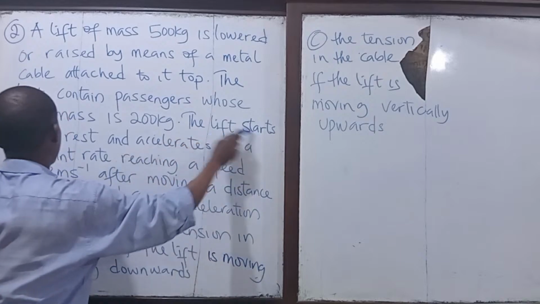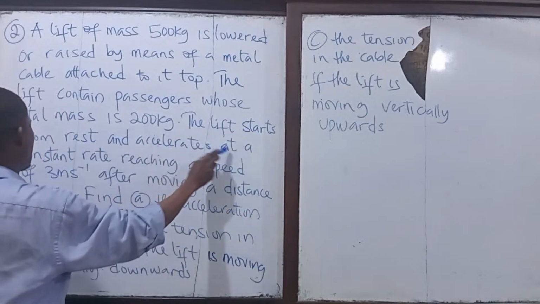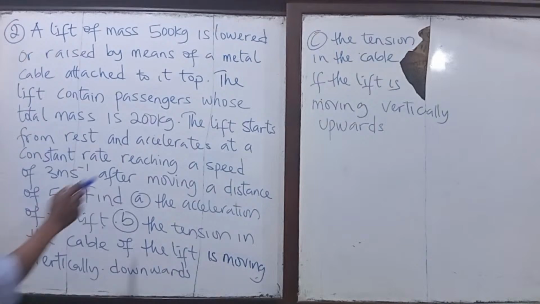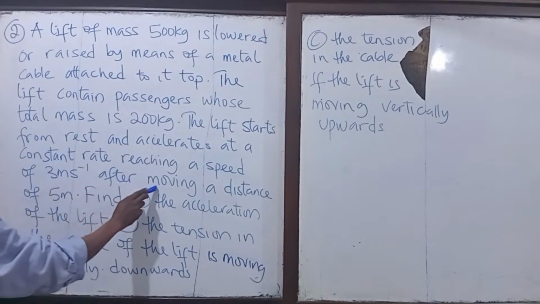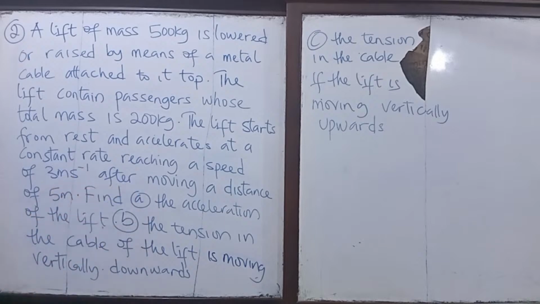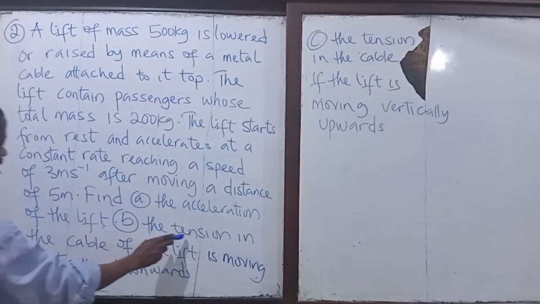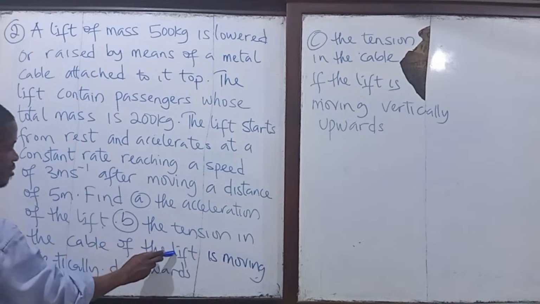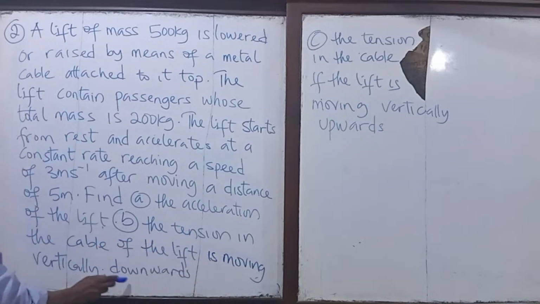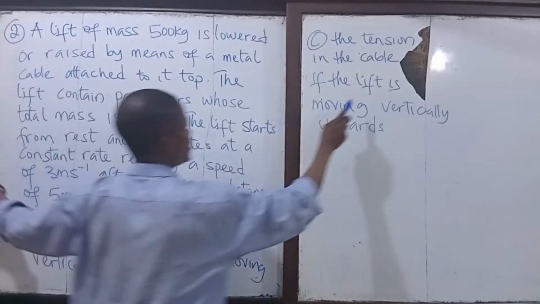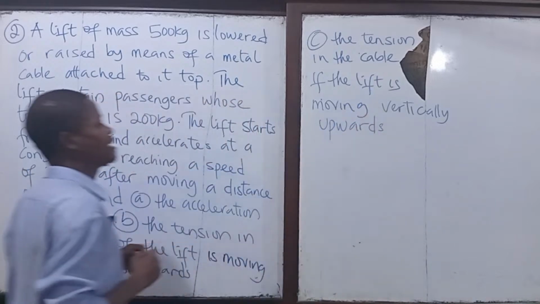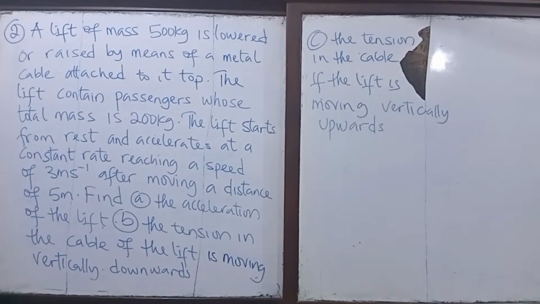The lift starts from rest and accelerates at a constant rate, reaching a speed of 3 meters per second after moving a distance of 5 meters. Find A, the acceleration of the lift, B, the tension in the cable if the lift is moving vertically downward, C, the tension in the cable if the lift is moving vertically upward. So that's what we have in this question.